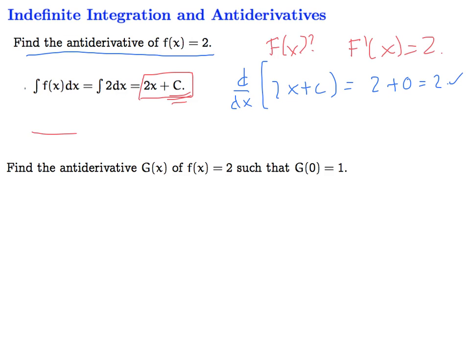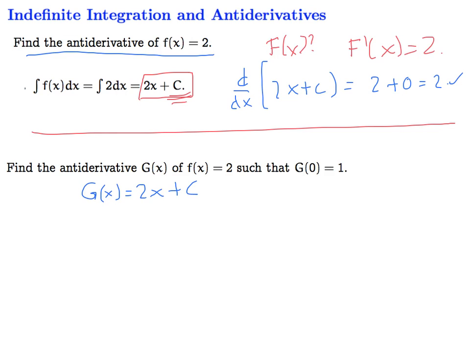Now, another problem might say to you, instead, find the antiderivative g of x of f of x equals 2 so that g of 0 equals 1. Well, from our work in the previous problem, what we know is that g of x equals 2x plus c is certainly an antiderivative.